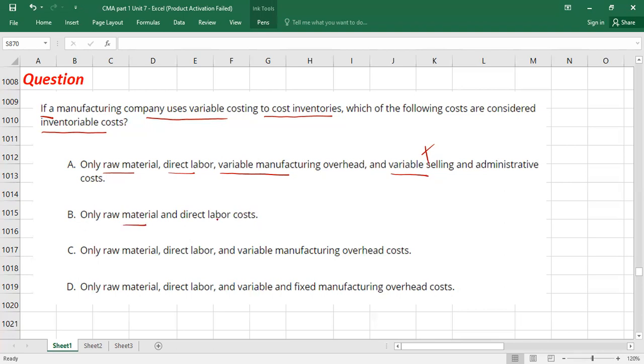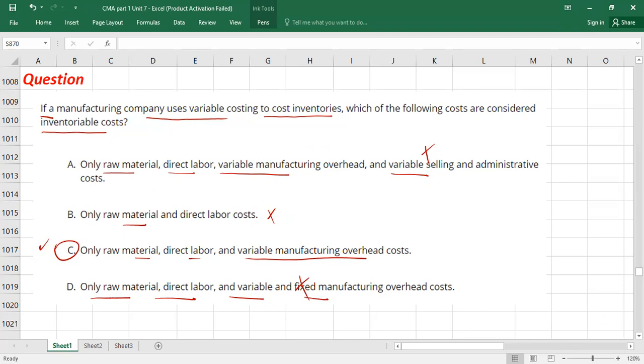Only raw material and direct labor, no, it should include variable overhead also. This is also not the correct option. Only raw material, direct labor, and variable manufacturing overhead cost, yes, this is true. This is the answer. Only raw material, direct labor, variable, and fixed, not fixed. Fixed will not be part of inventoriable. Understood? So option C is correct.